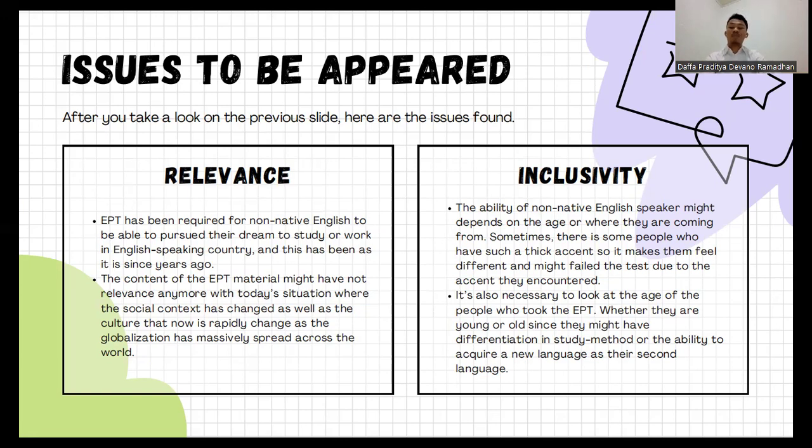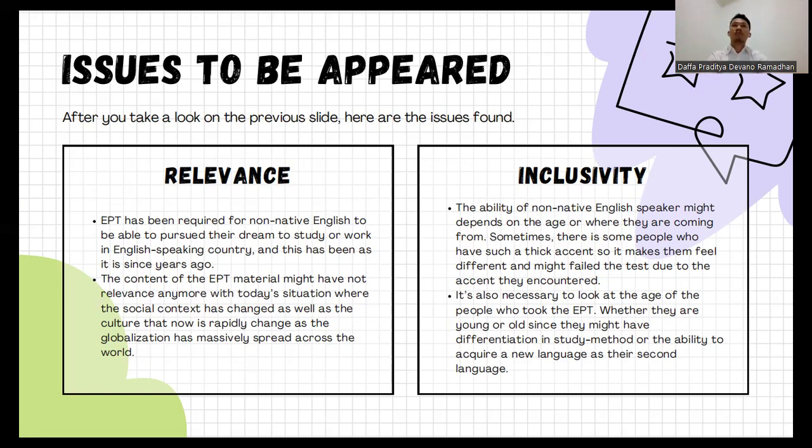But the content of the EPT material might no longer be relevant to today's situation, where the social context has changed so much, as well as the culture, which is now rapidly changing as globalization has massively spread across the world.